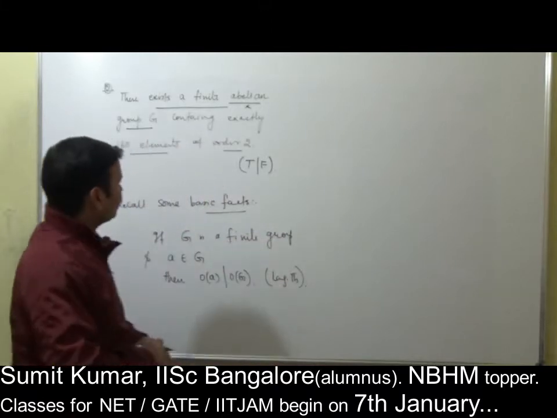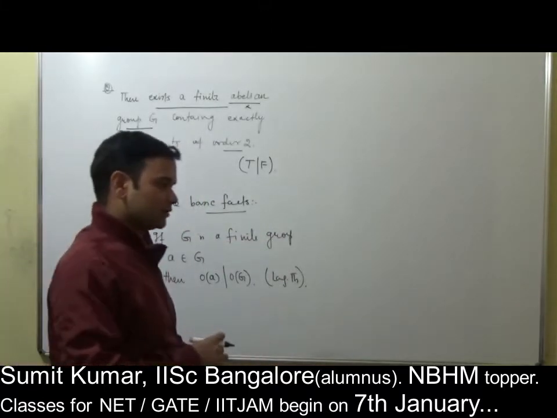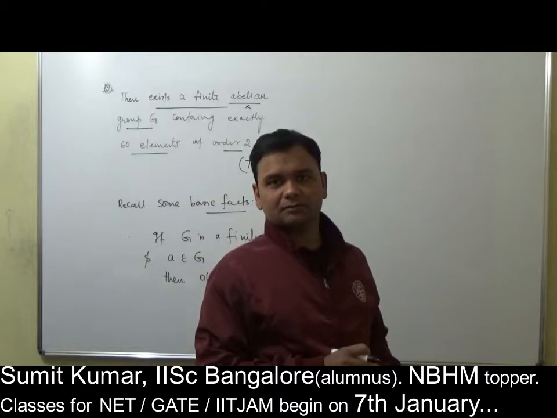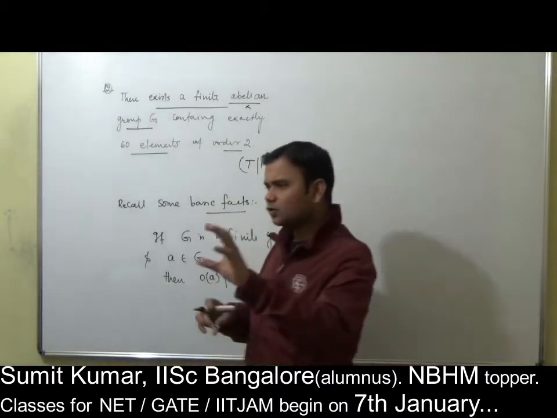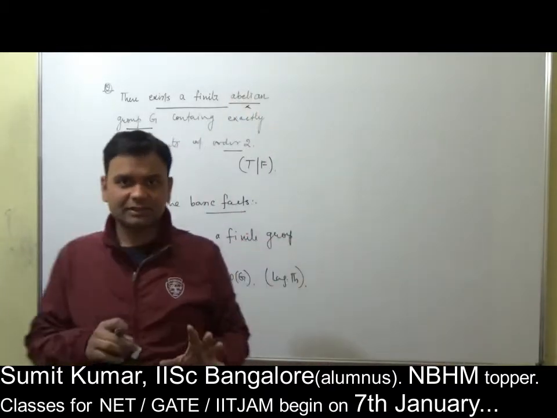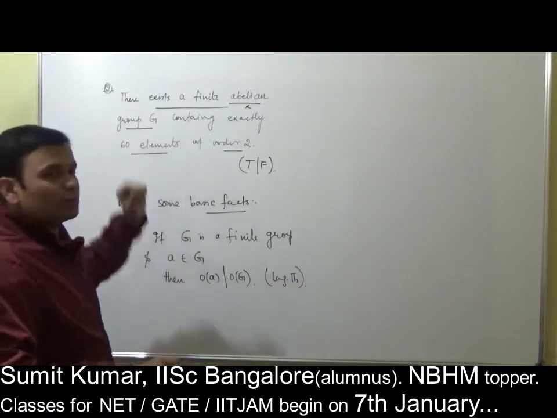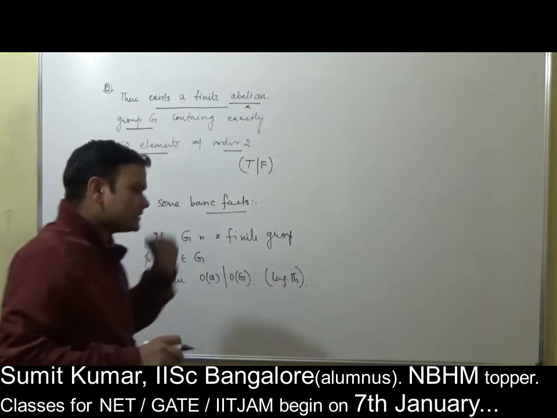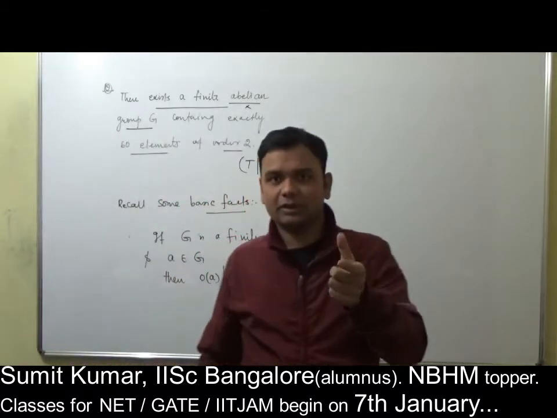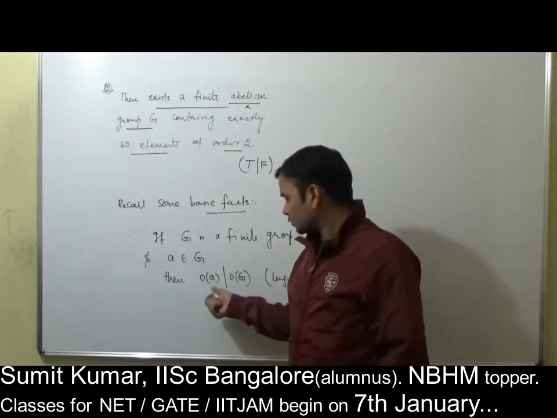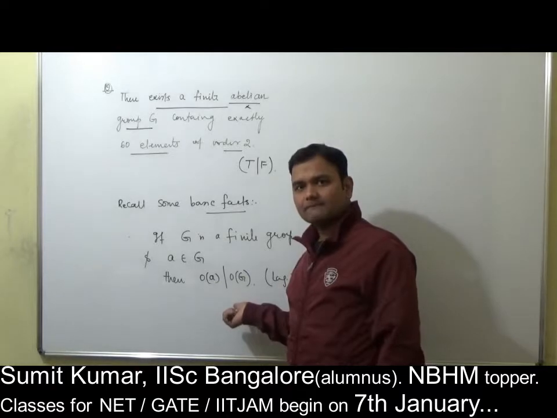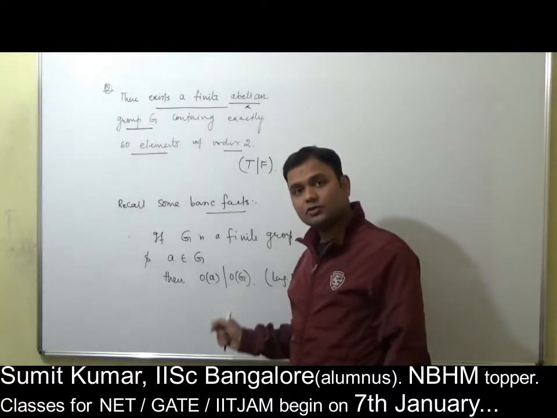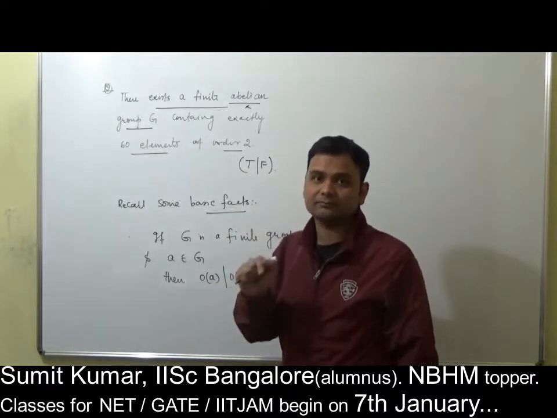Somehow this theorem reduces my burden. If you ask whether you can find a finite group of odd order such that the number of elements of order 2 is 60, that is not possible. Because if there is an element of order 2, then 2 must divide the order of G. That means the order of G must be even.